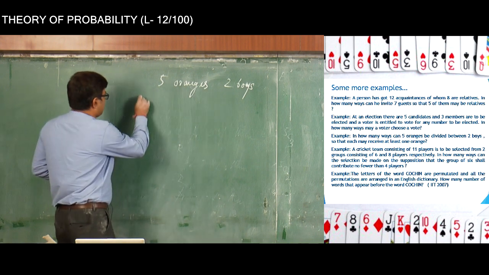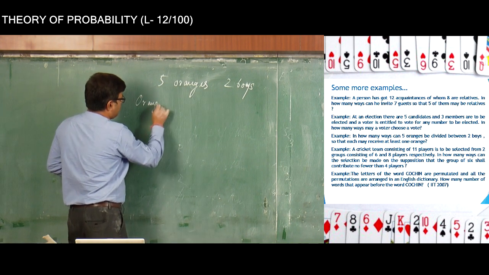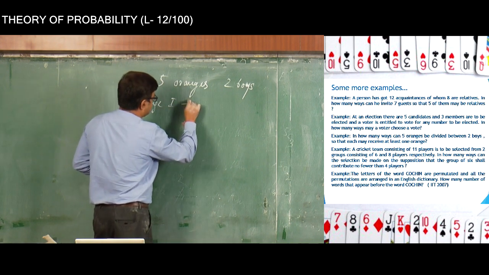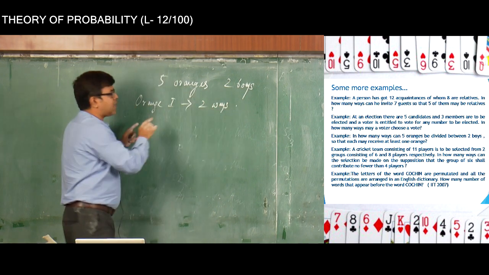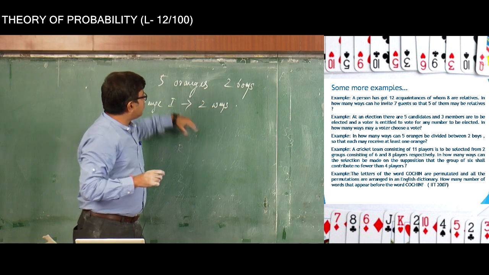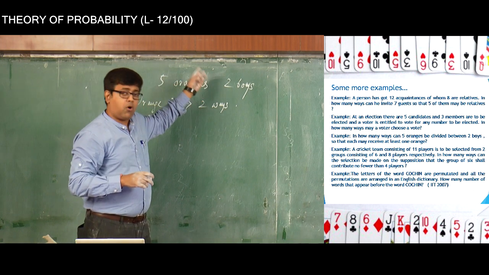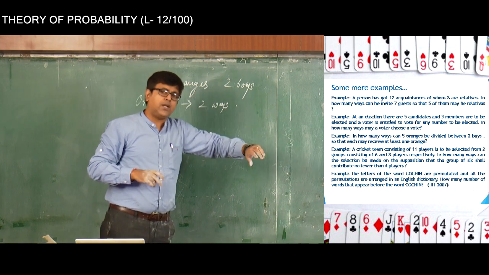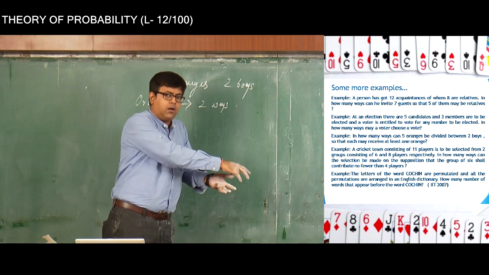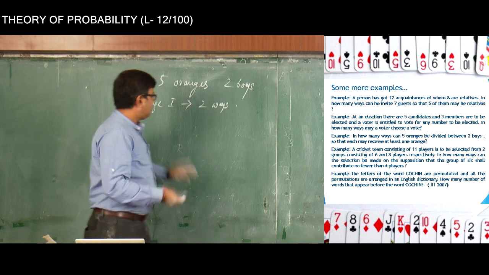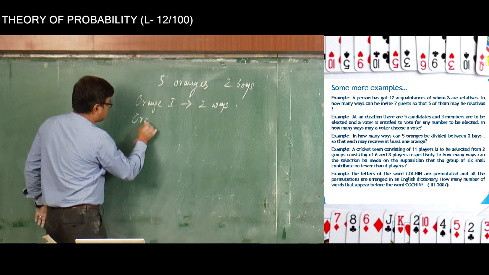So, the first orange can be disposed in 2 ways. Either you give this orange to boy 1 or you give it to boy 2. You cannot give 1 orange to both the boys. You can either give it to boy 1 or to boy 2. Same logic applies for orange 2.